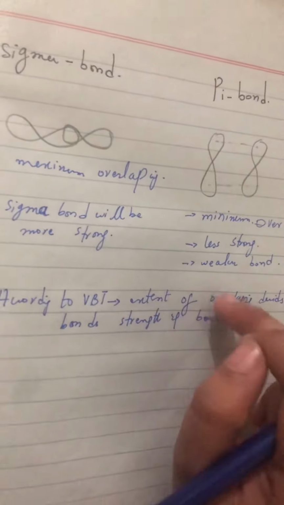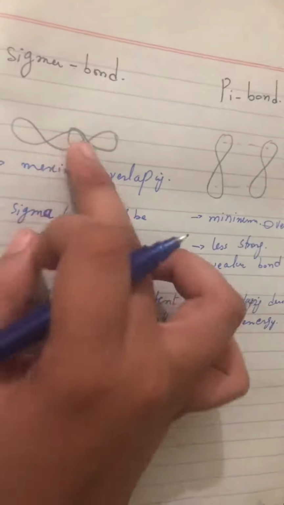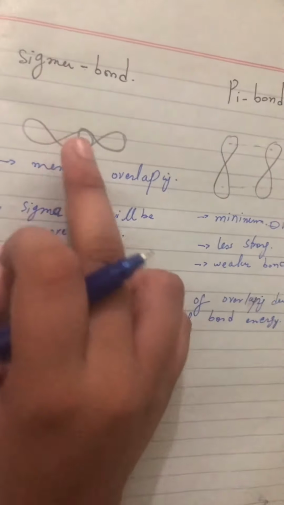Which means the extent of overlapping will tell how strong or weak the bond is, through the bond strength and bond energy.